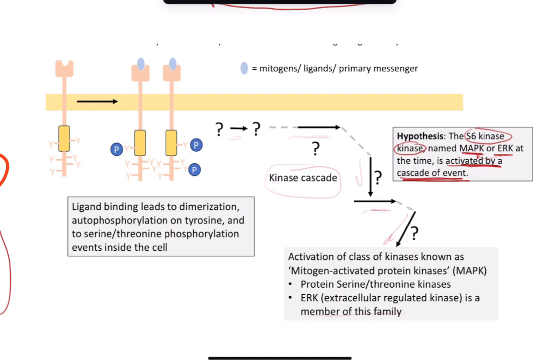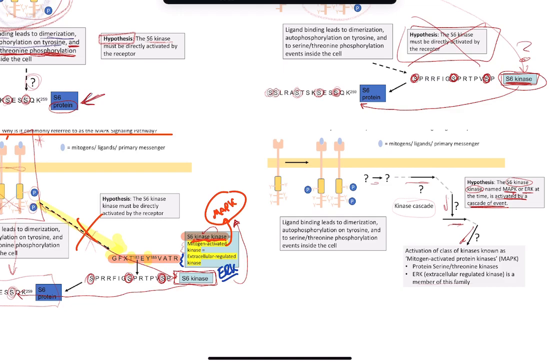And that's exactly right. We have a cascade of events, and the activation of a class of kinases known as the MAPK, and the ERK is, again, a member of the family. That is going to be part of a kinase cascade, and that's why we call it a pathway. It's a cascade of one thing leading to another, to another.